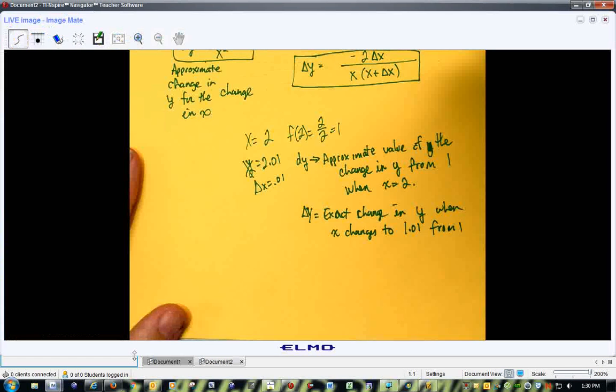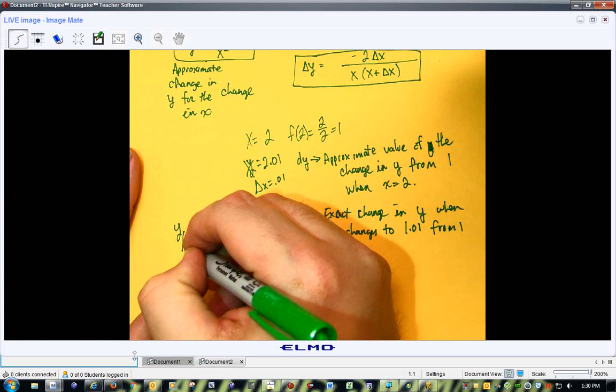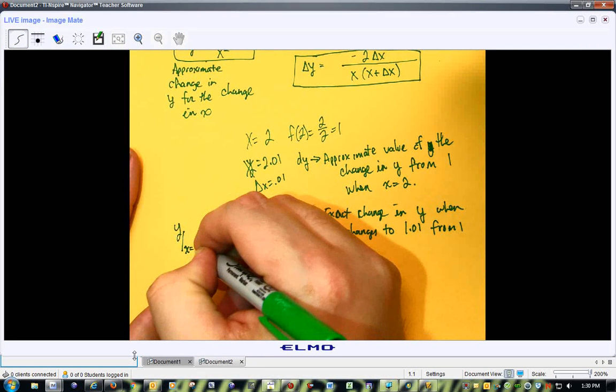Now, if I go for dy, and if we look at our paper, dy is going to be equal to negative 2 over x squared times what I changed in x.